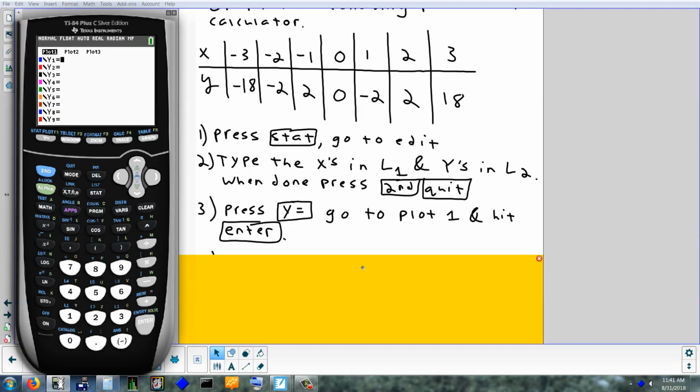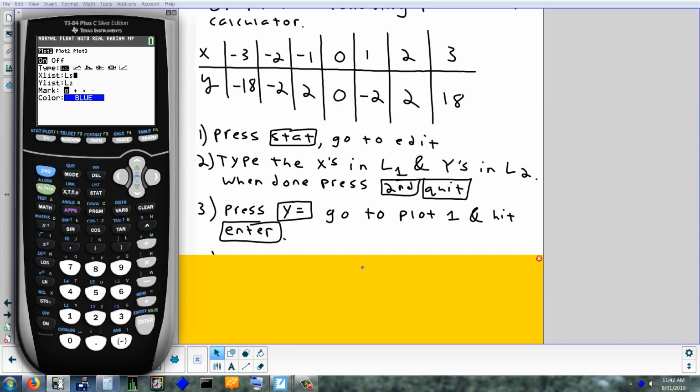Just watch this, don't press this. Plot 1 is going to make a scatter plot using list 1 and list 2. If for some reason I didn't use lists 1 and 2, I could change it. Maybe I used list 5. You've got a bunch of lists in the calculator.